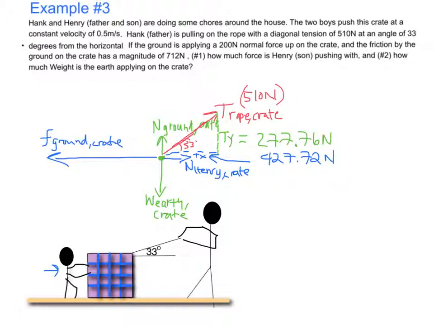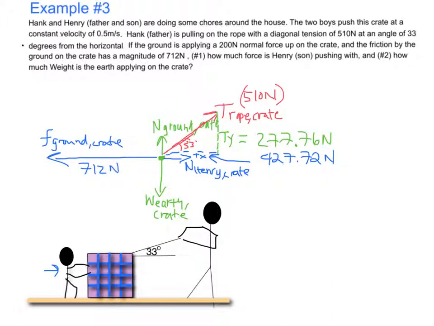How do we find that? Well, we know that this is balanced because it told us that it was moving at constant velocity. So we know that the normal force by Henry plus this horizontal vector, the Tx, has to equal the friction. And the problem told us that the friction is equal to 712 newtons.